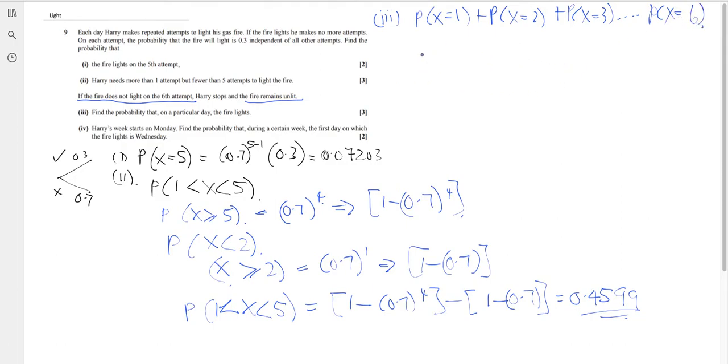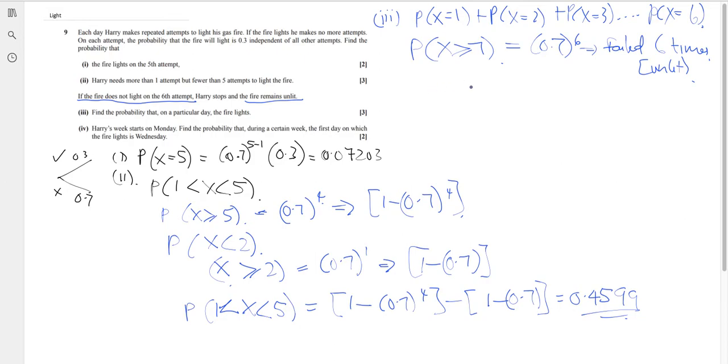Rather than doing it this way, the usual way is: nothing happens, he couldn't light on the first 6 attempts. The probability of that is 0.7 to the power of 6. So this is failing 6 times, unlit, couldn't light.